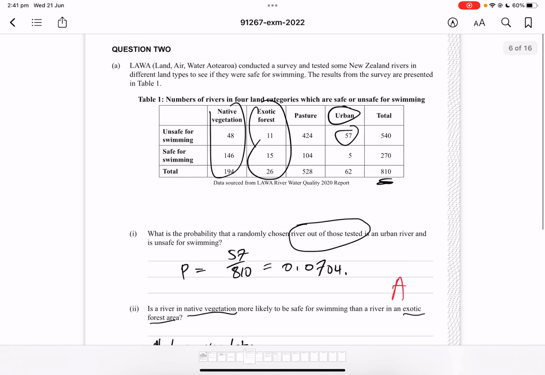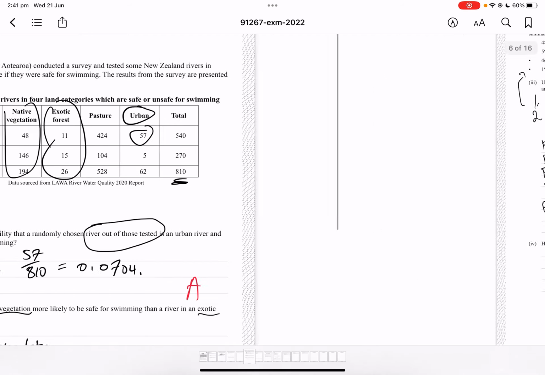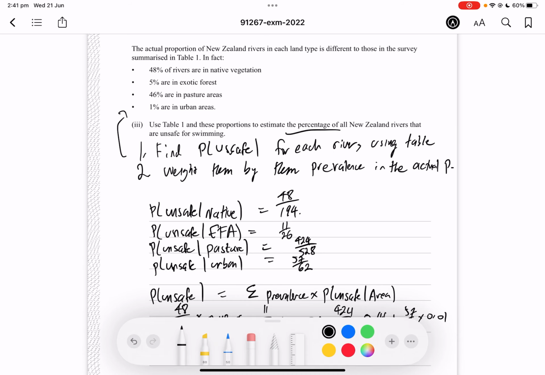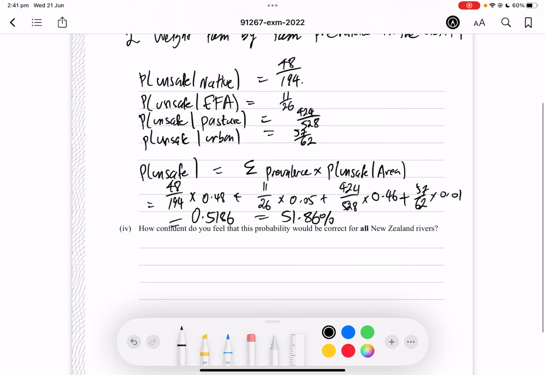Immediately, the first thing that caught my eye was that there's 194 native vegetations in the survey. However, in the actual New Zealand, native vegetation makes up 48% of all rivers. But clearly, 194 over 810 is much less than 48%, and it's a pretty significant amount.